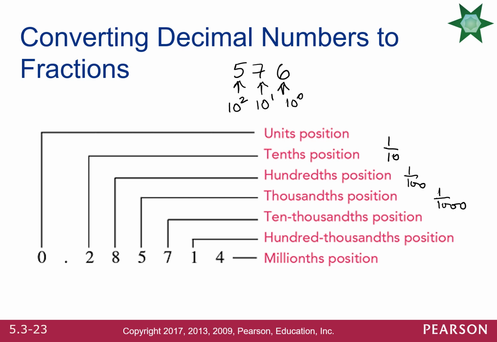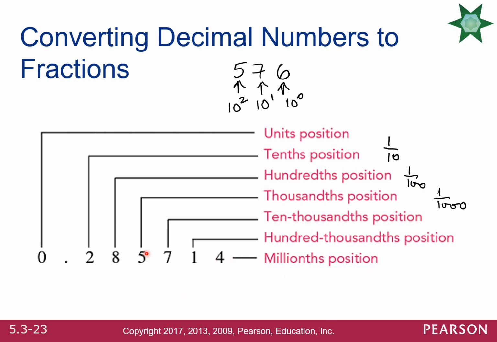All right, in the decimal part of the number, it's the other way around. It starts with 1 divided by 10 to the power 1, then 1 divided by 10 to the power 2 for the hundredths position, then 1 divided by 10 to the power 3 or thousandths position, ten-thousandths position, hundred-thousandths, millionths, and so on.